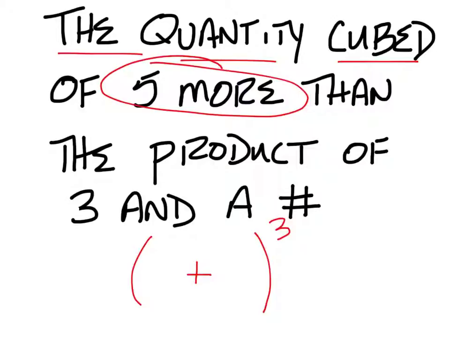It goes on the right, that's right. 5 more than is going to be plus 5 on the right. 5 more than what? Yeah. That's right. 3 times x. So the quantity cubed of 5 more than the product of 3 and a number is simply the quantity of 3x plus 5, close the quantity, and then cube it.